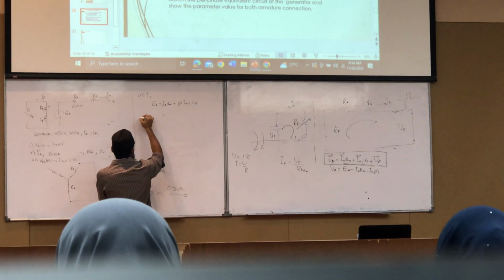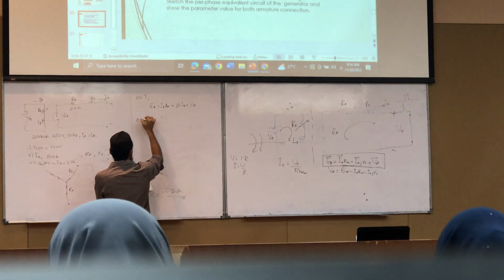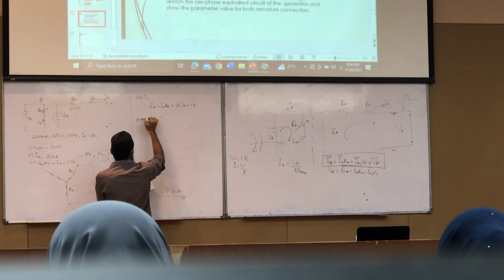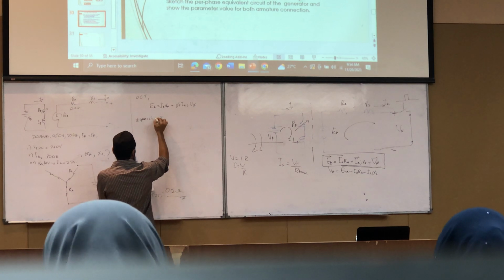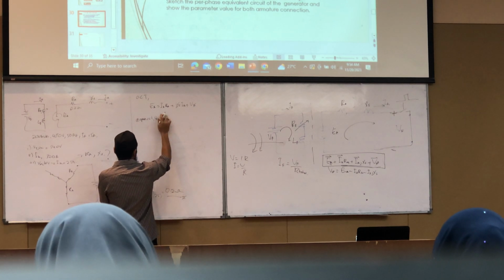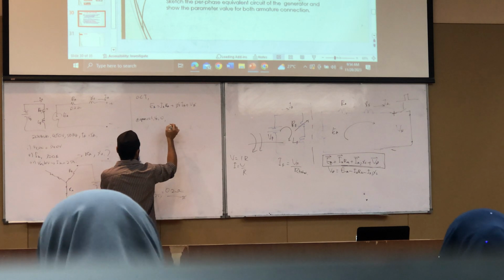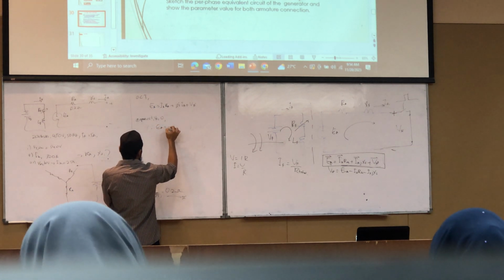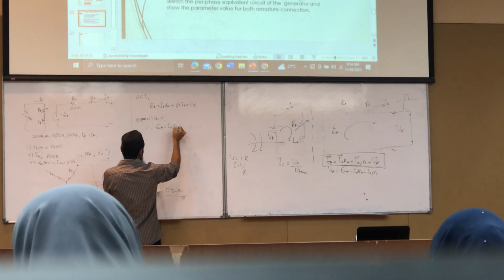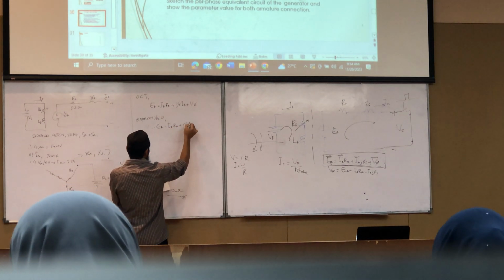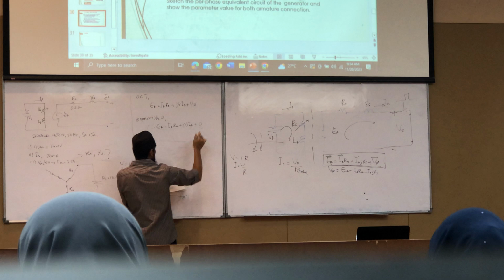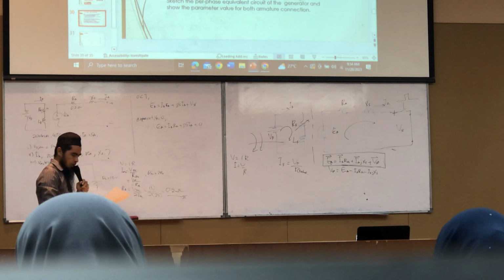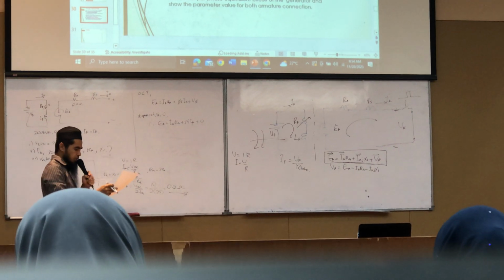So at open circuit, V phase equal to 0. So EA is equal to IARA plus jXIA plus 0.